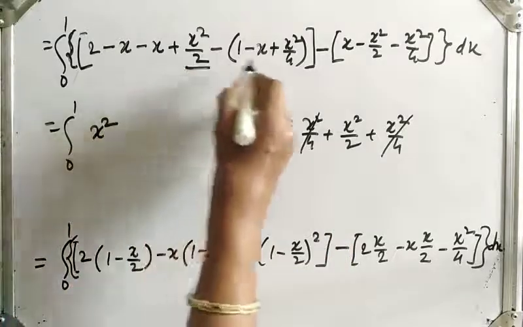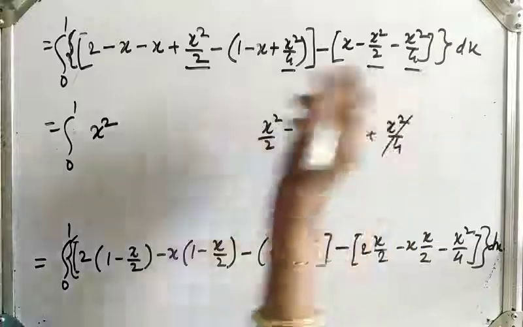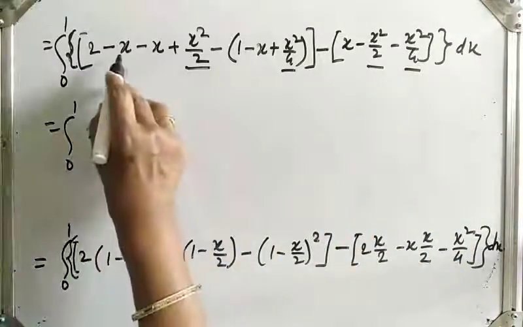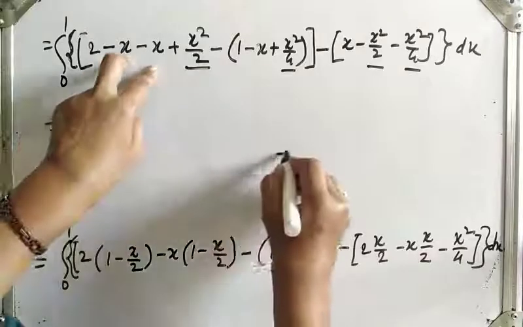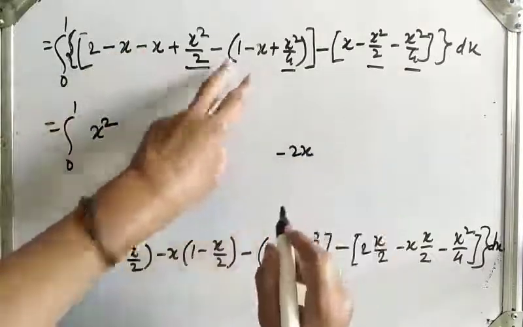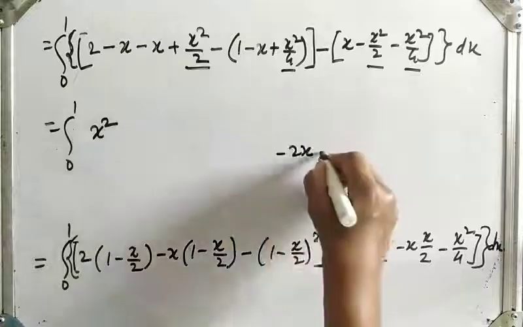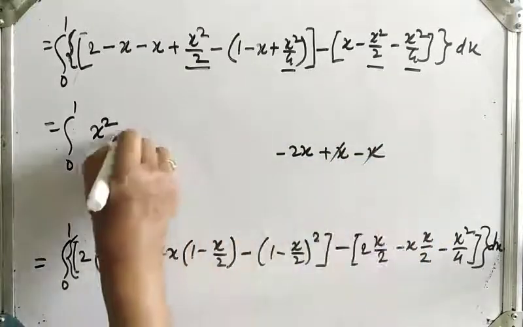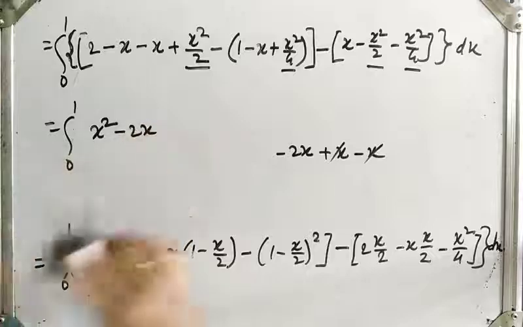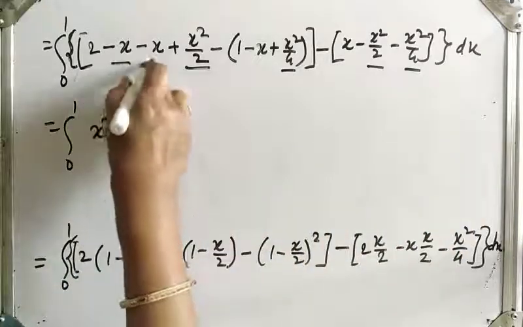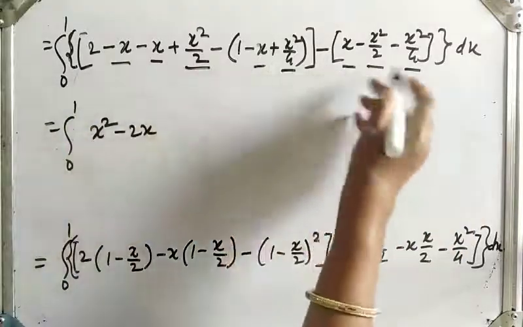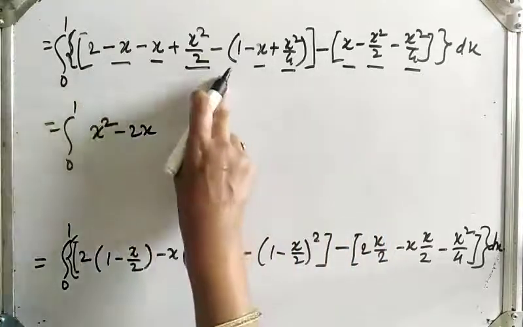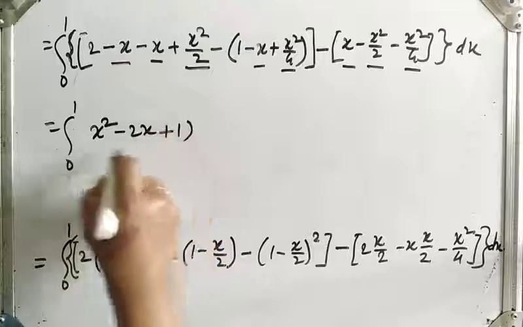Okay, these terms are done. Then terms of x, minus x minus 2x, minus minus plus x minus x, so minus 2x. Okay, terms of x are over, then constants 2 minus 1, that is plus 1.